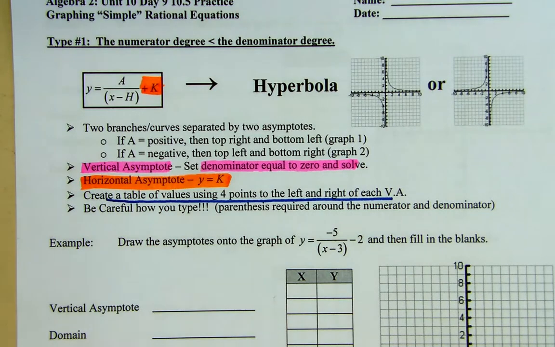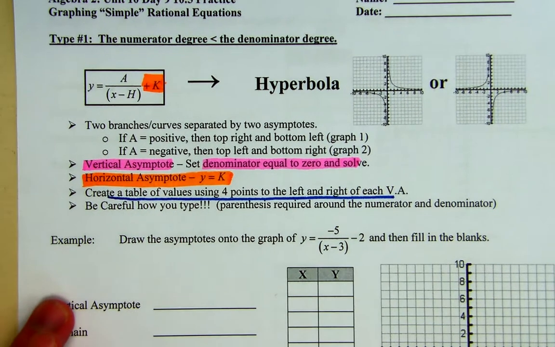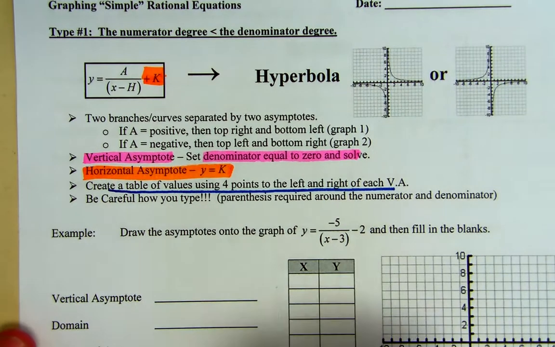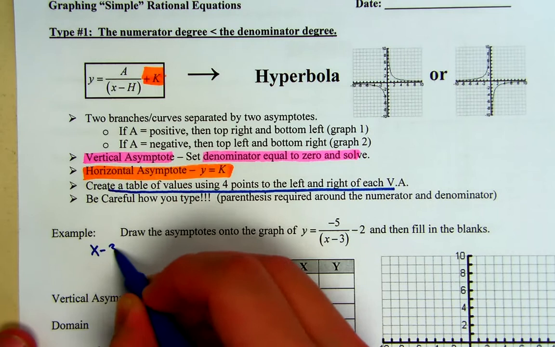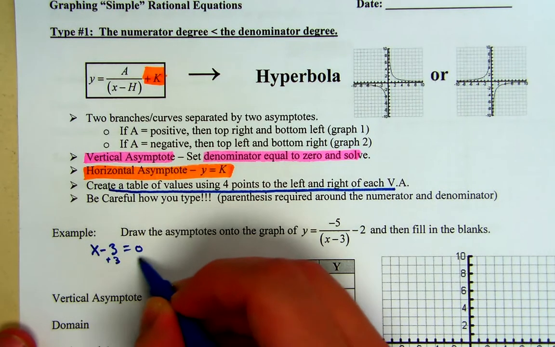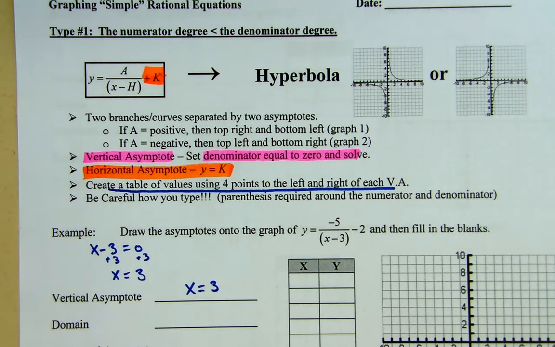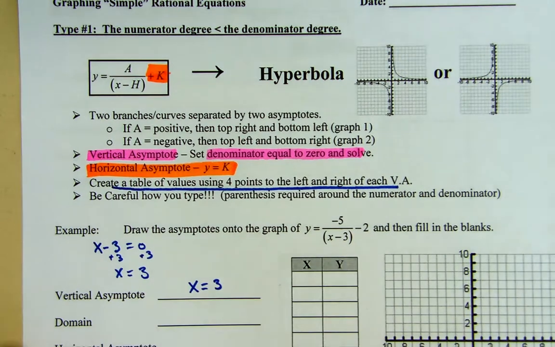Alright, so we need to find the vertical asymptote. Again, vertical asymptote, denominator equal to 0. So x minus 3 equals 0. Add 3, x equals 3. Remember that the domain cannot cross that asymptote.